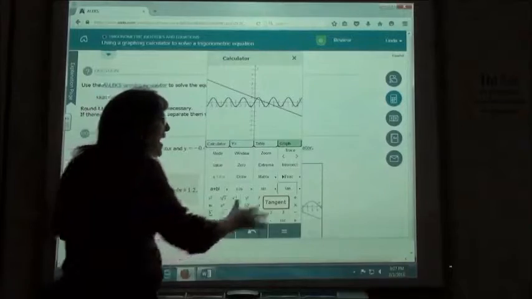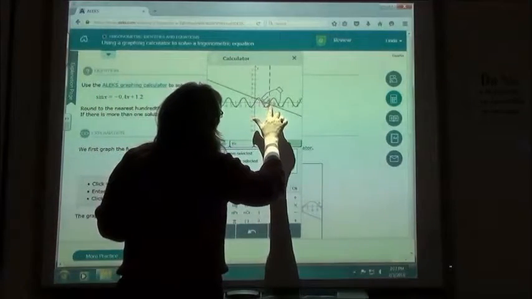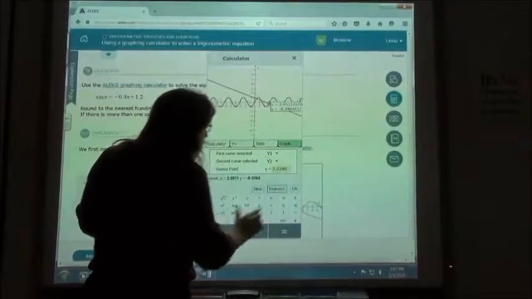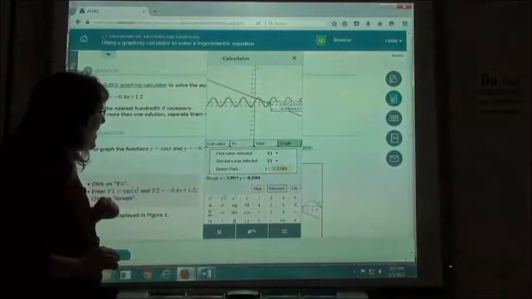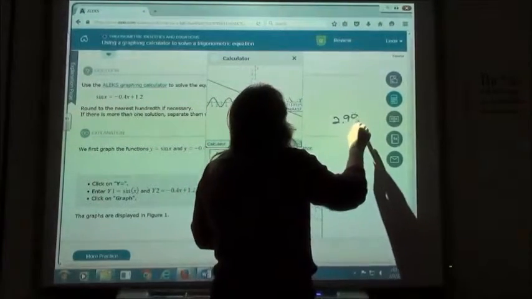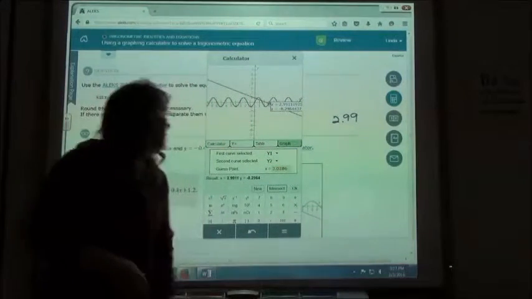So I just repeat that. I hit the word intersect. I drag that over close to that third intersection. I click intersect down here. 2.9911. So 2.99. And those should be my 3 answers for that question.